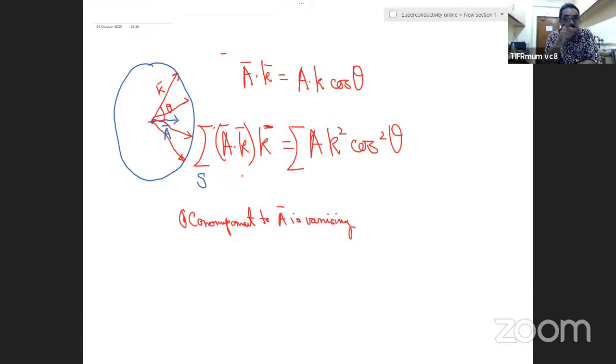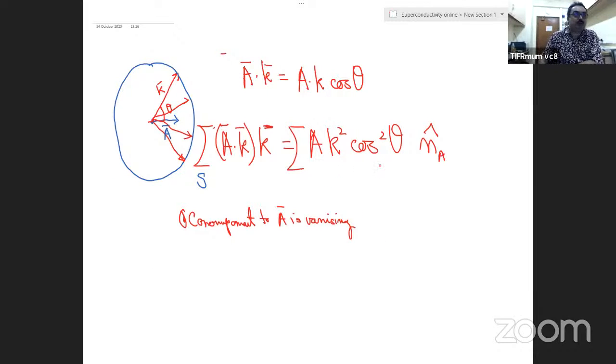Because I have all the components, and the direction of this will be along A, so I can put that as n A unit vector. Okay, good. So therefore now I have to do this sum over the Fermi surface.